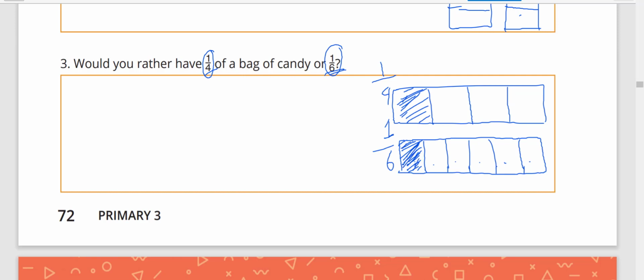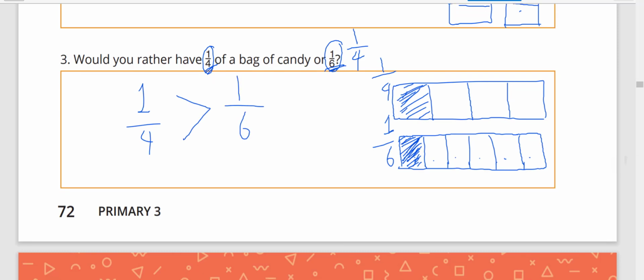What do you want to have? A fourth or a sixth? Do you want to eat a small part of candy or a big one? If you want to eat a big part, you choose a fourth. Why? Because a fourth is more than a sixth.